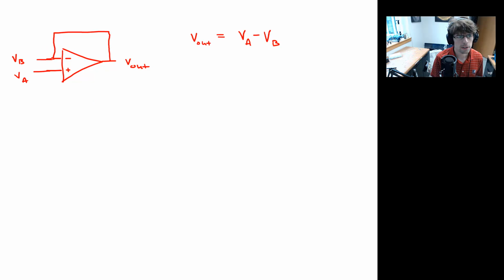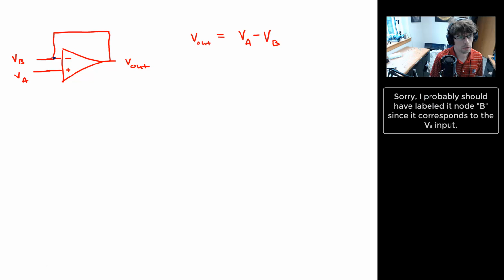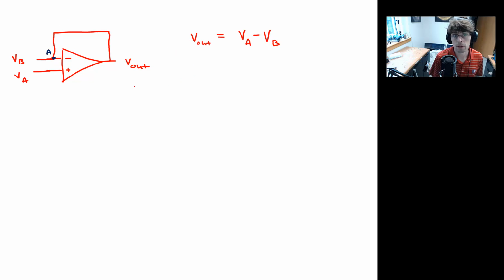What does this node, so if I take that in a different color, okay, so there we go, node A here. Okay. If I take this wire and I run it back to the inverting input, the question is, what is the new potential of that inverting input?